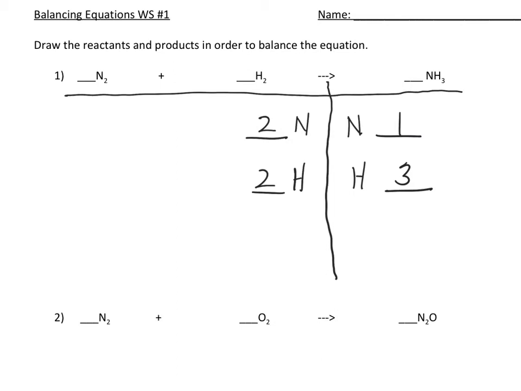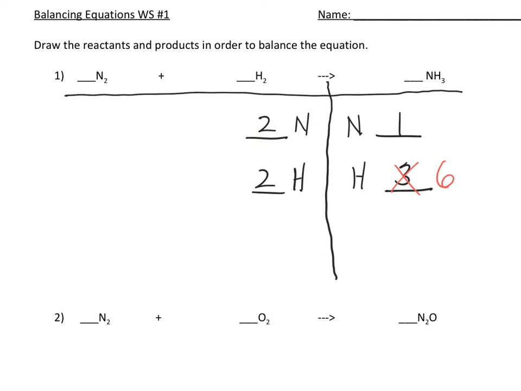Okay, the way I'm going to approach this now is I'm going to start with the hydrogen. All right, I have 2 hydrogens on the left side and 3 hydrogens on the right side. What is the one number that 2 and 3 could go into? That would be 6, okay? If I take 3 times 2, I will get 6.